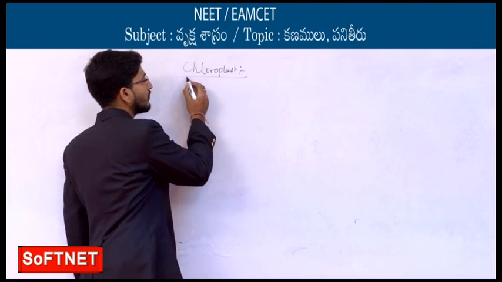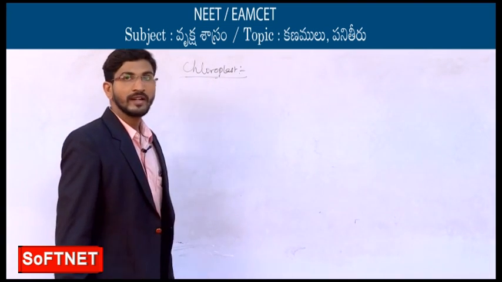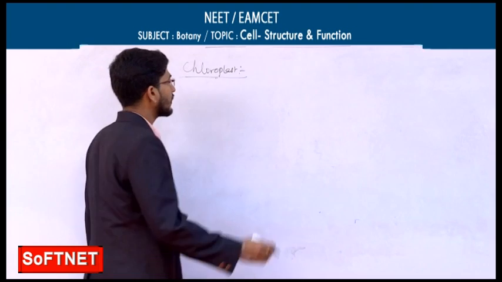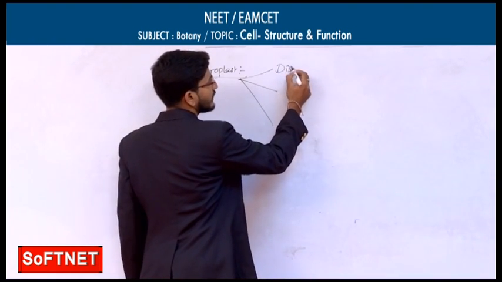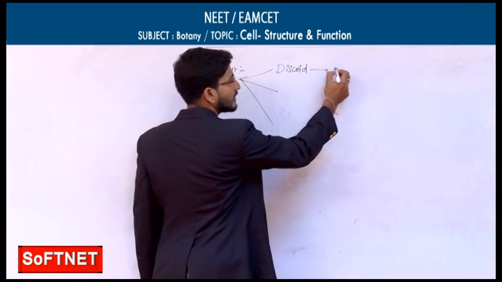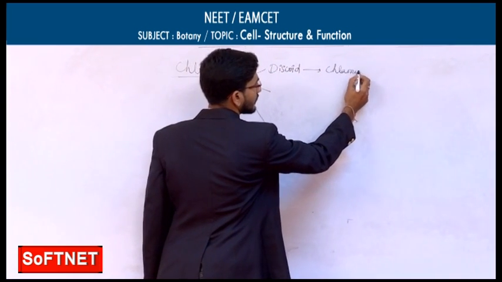If you observe the chloroplast, it appears in different shapes. It appears in discoid shape in the case of Chlamydomonas.